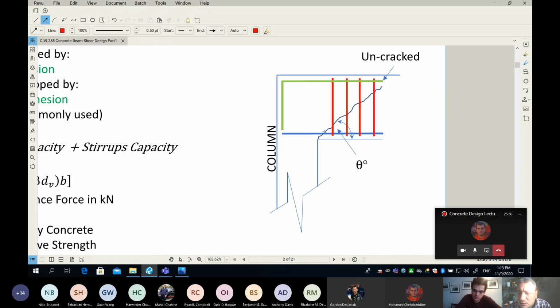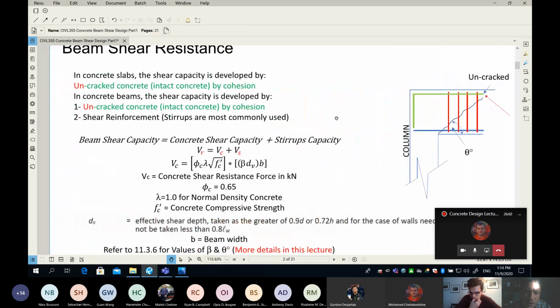This part here provides some resistance from friction, but it's not reliable once the shear crack width increases, and also the doweling effect of those blue bars. We cannot count on it. The only portion that we can count on is this portion here, the portion of the concrete that is not cracked. This portion provides some shear resistance.